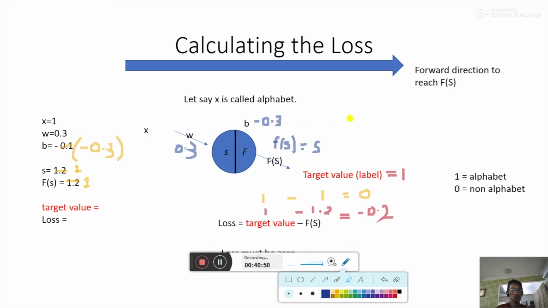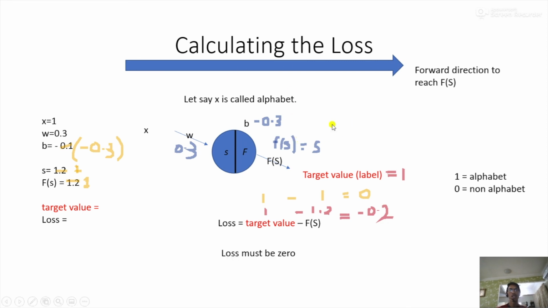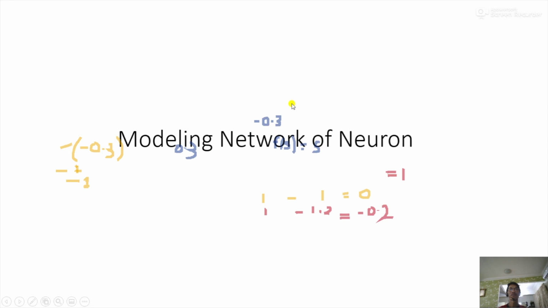So this is how you do it. Basically, in the case of image X called alphabet, my neuron W will be 0.3, B will be negative 0.3, and the function Fs is S. So this is the setup for X is called alphabet.